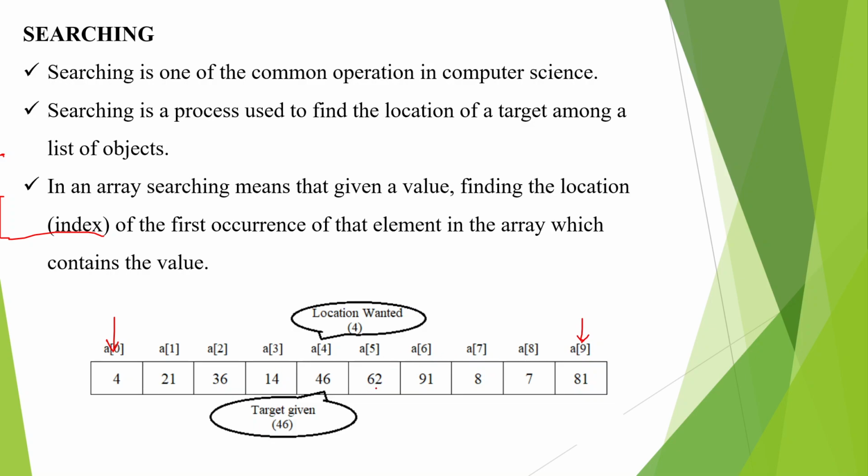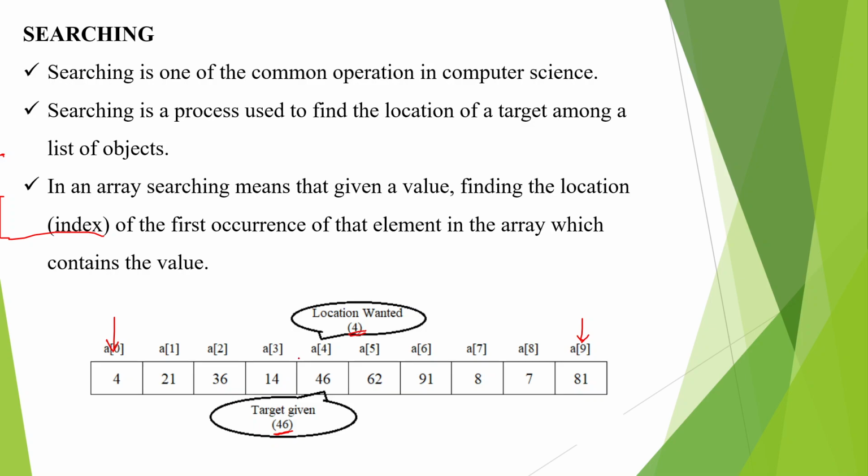Let us assume we are searching for target 46. By seeing it we can say that the target 46 is residing at index 4, isn't it? So this is what we return.